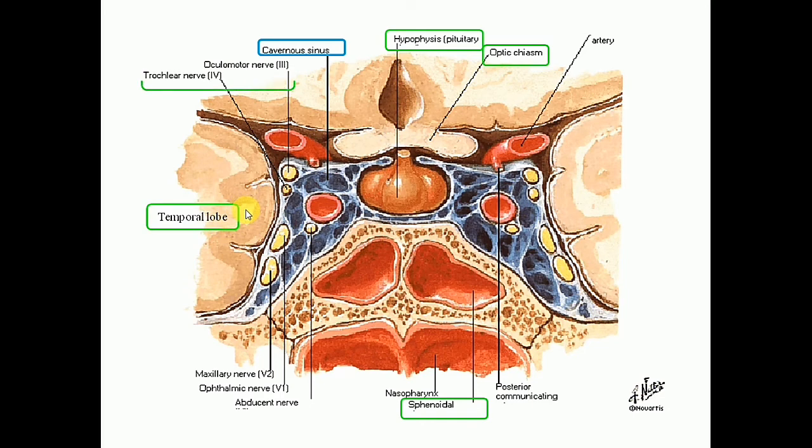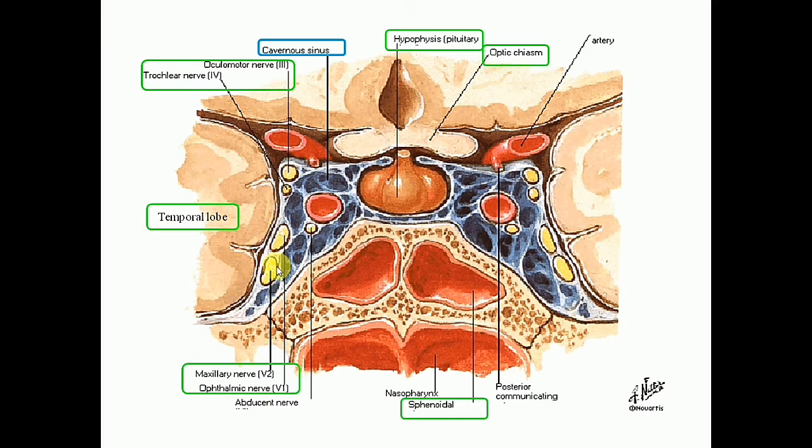In addition to this, there are some structures which traverse the lateral wall of the cavernous sinus from above downwards. These nerves are oculomotor, that is cranial nerve number 3. Below that is the trochlear, that is cranial nerve number 4. Below that will be the ophthalmic, first division of trigeminal, and below that will be maxillary, second division of trigeminal nerve.